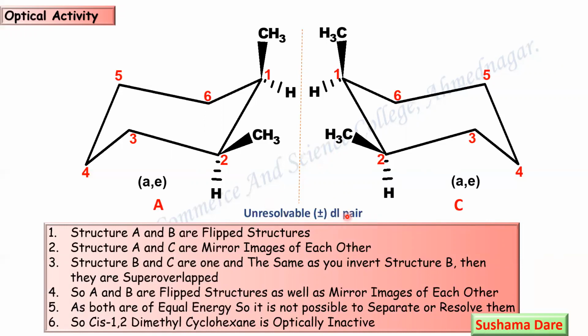If it is unresolvable, then we say it is an optically inactive compound. So though it fulfills two conditions, presence of asymmetric centers and no element of symmetry, it does not fulfill the third condition, that is, resolution. That's why it is optically inactive.